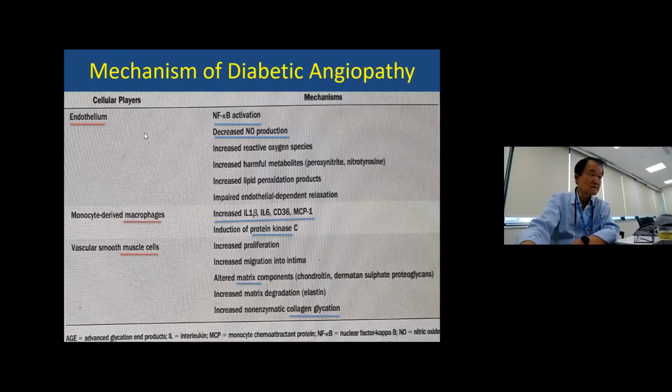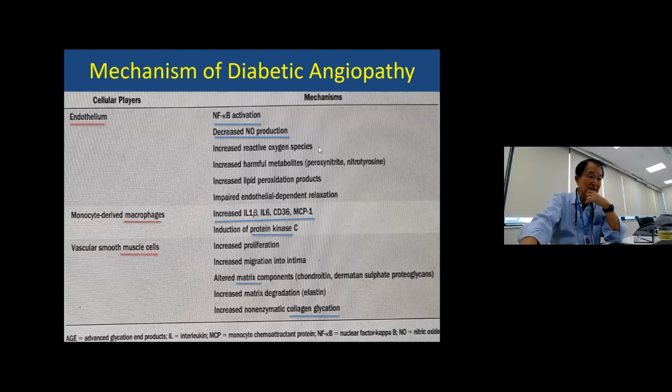Well, if there's endothelial damage, there's NF-kappa B. Actually, this is a gene for inflammation or cancer. Nitric oxide production decreases, that's why there's oxygen deprivation. And on the other hand, reactive oxygen species increase.